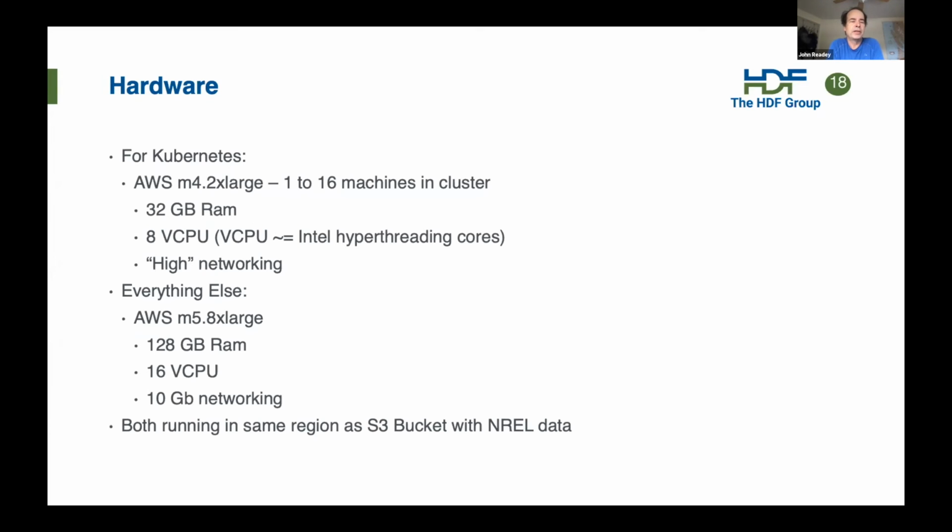Basically, it's a 4-core machine with 32 gig RAM. For everything else, we'll use an M5 8xlarge, which has 128 gigabytes of RAM and 8 cores and 10 gigabit networking. And they're all running in the same AWS region as where the data is kept.